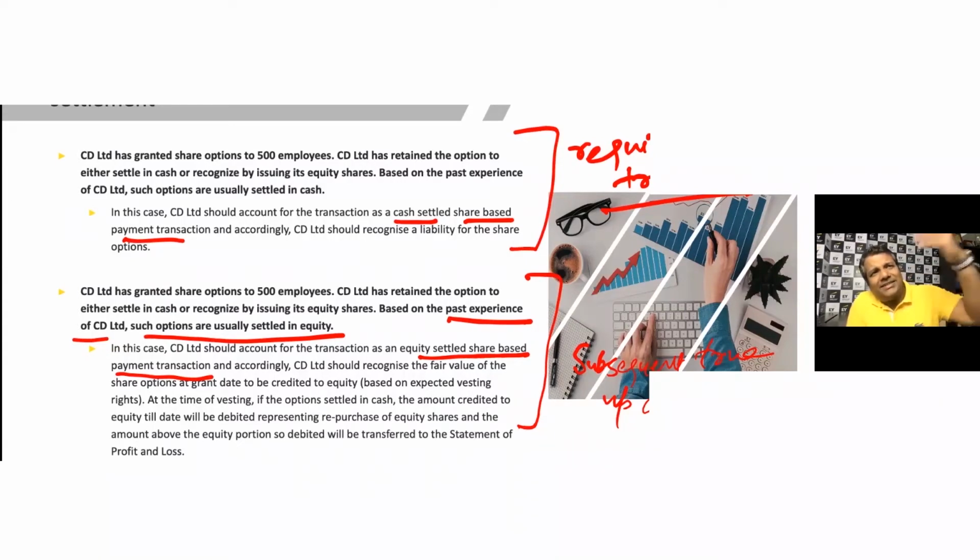Though in a transaction with a non-employee, the recognition itself occurs on the date when you receive the goods or services, and that is where the measurement date may shift. But you don't need to continuously fair value it, which otherwise exposes your P&L and balance sheet significantly.